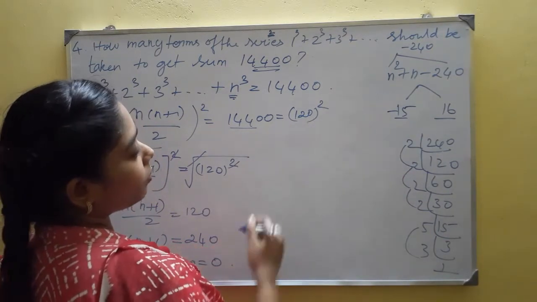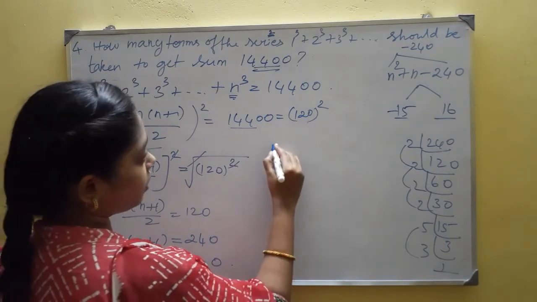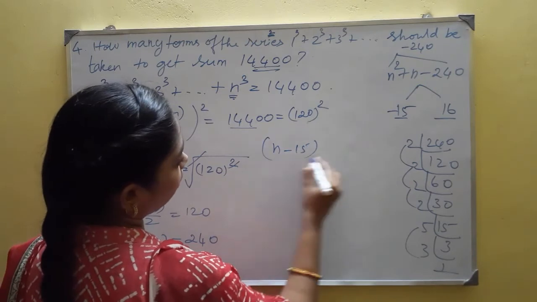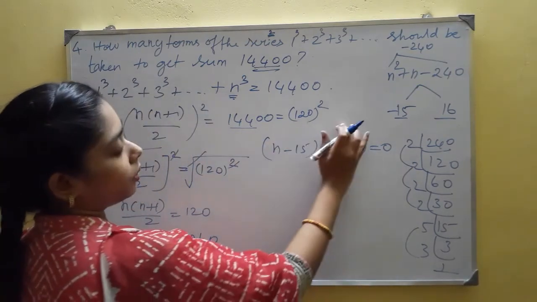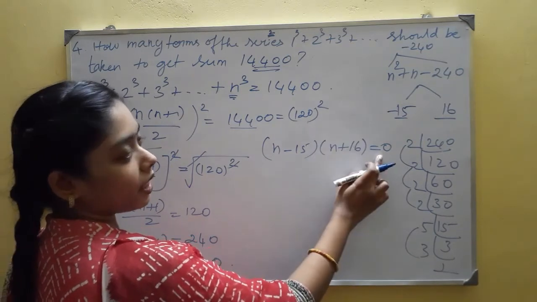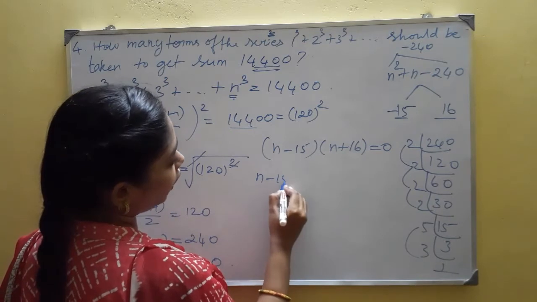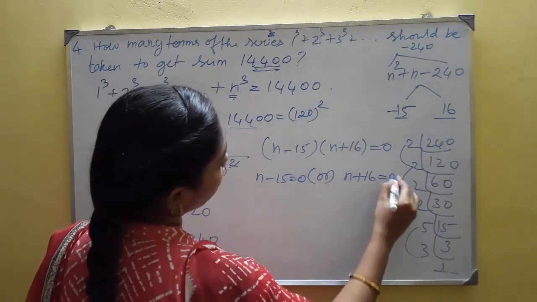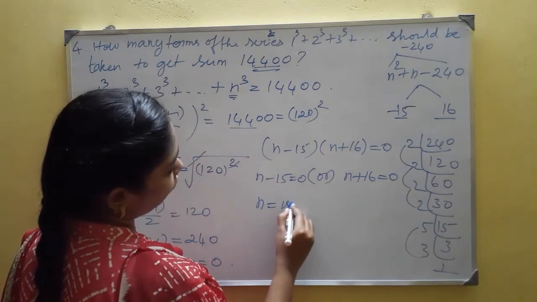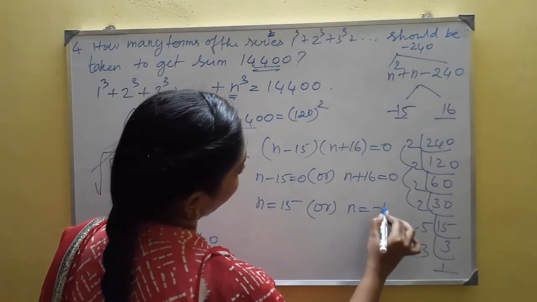And then you will get the product minus 240. Rewrite the given quadratic equation as n minus 15, n plus 16 equal to 0. Two numbers multiplied giving 0, so either one must be 0. n minus 15 equal to 0 or n plus 16 equal to 0. n equal to 15 or n equal to minus 16.